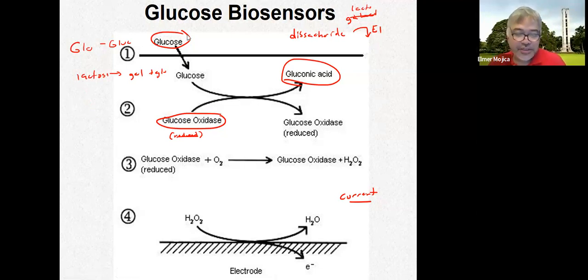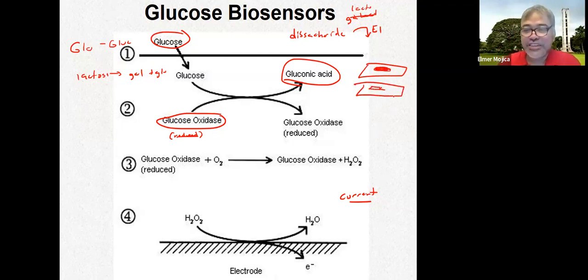I remember when I was in Austria, we had this disaccharide, and the PI told me, I want you to determine the way wherein you can separate this disaccharide into glucose. So I had two enzymes that were immobilized. One way is mixing, so I mixed the two enzymes. Another way is sequencing: the sample enters, the first enzyme breaks down the disaccharide, and then on the other side is the glucose oxidase.